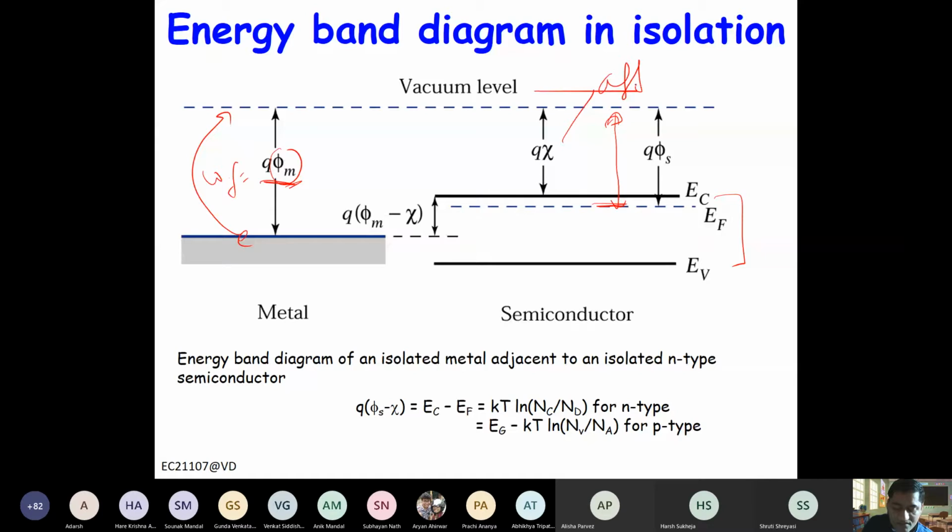This is called electron affinity, and this is again the energy required to eject the electron from the bottom of the conduction band. This Q chi, and this chi, will have the unit of potential. And if you see the natural alignment here between the conduction band edge and the Fermi level in the metal, the gap is Q times (phi m minus chi).